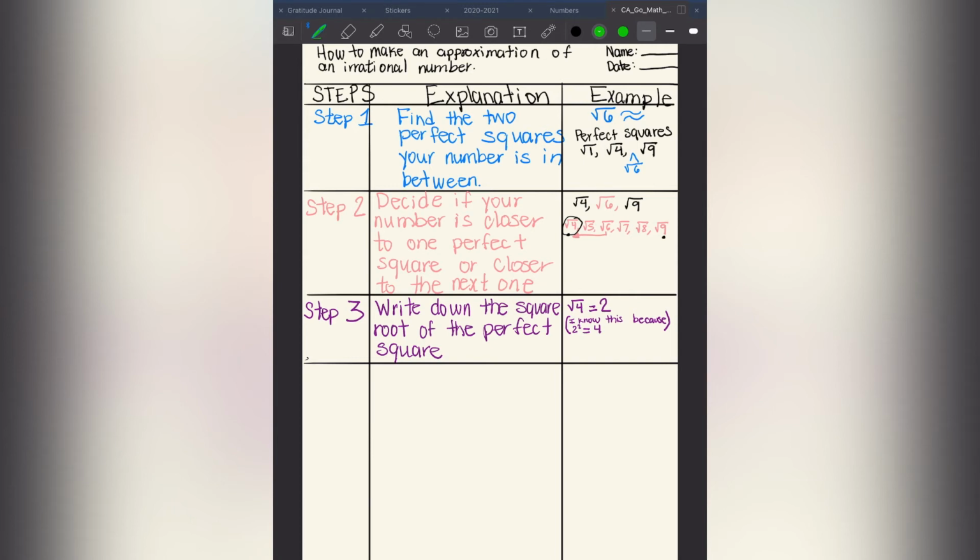Step 4. Make an educated guess to find the approximation. An educated guess means that we are going to guess with a number that makes sense. We are not going to throw out a random number that has nothing to do with what we're doing.